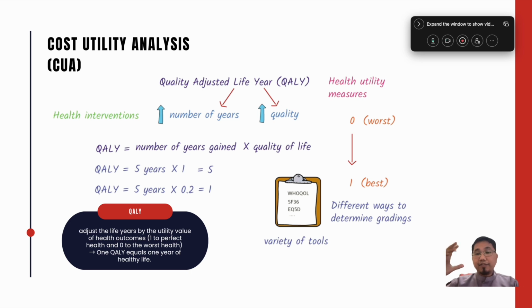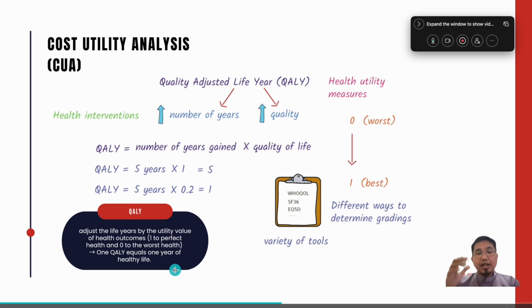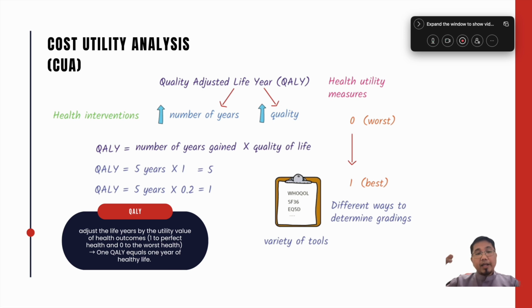The patient lives 5 years, but with a quality of life of only 0.2. Not really good. So when we get the QALY, 5 multiplied by 0.2 is 1 QALY. So 1 QALY means he has 1 year of healthy life, even though he lives 5 years. So that is the quality adjusted life years.